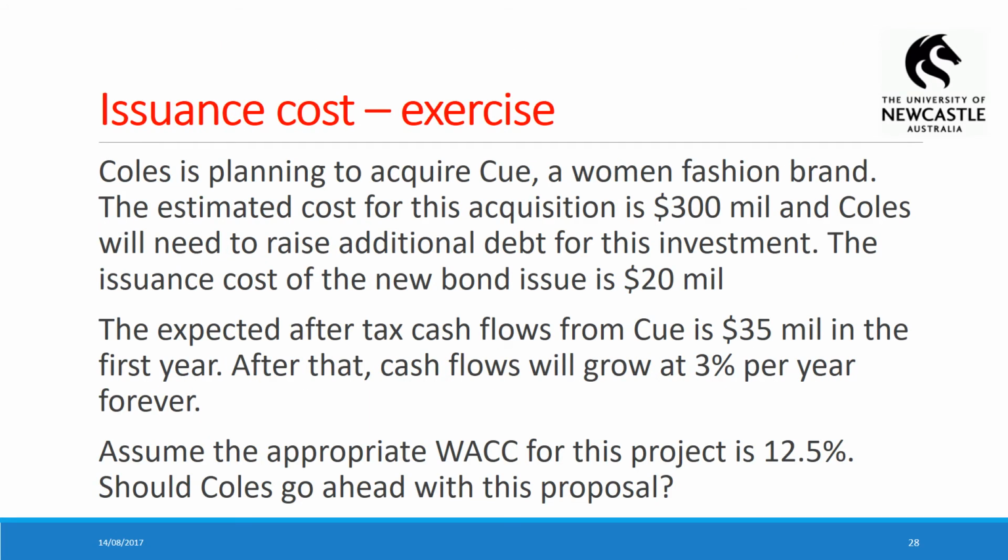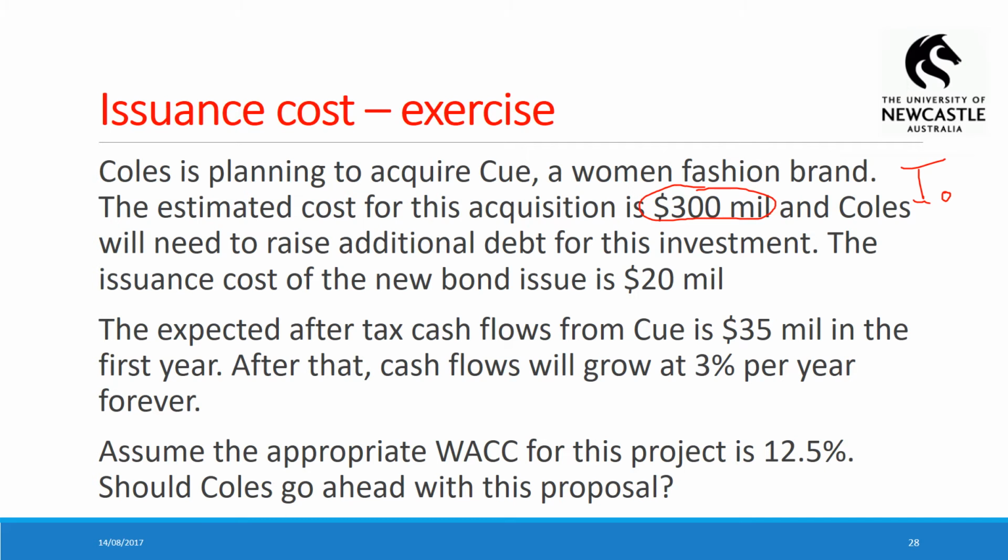So let's look at an example where we see how we can adjust for the issuance costs in a project evaluation case. We have a company wanting to acquire another company, and the cost of acquisition is $300 million. So this is our I0, the initial outlay in the NPV formula.